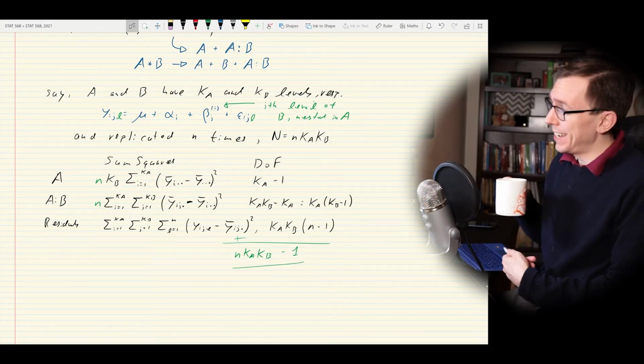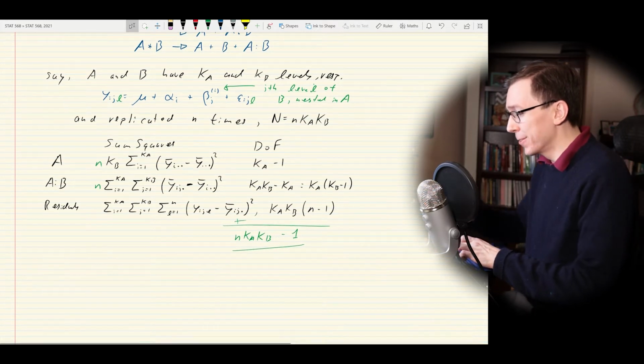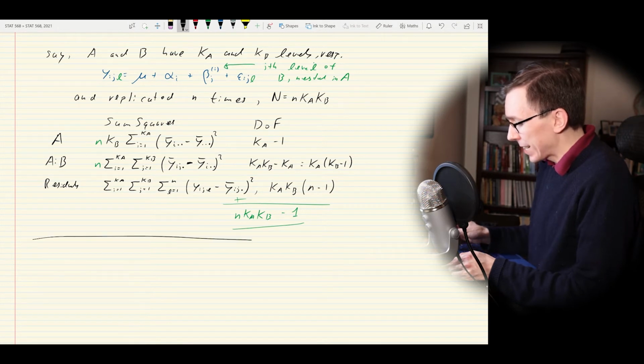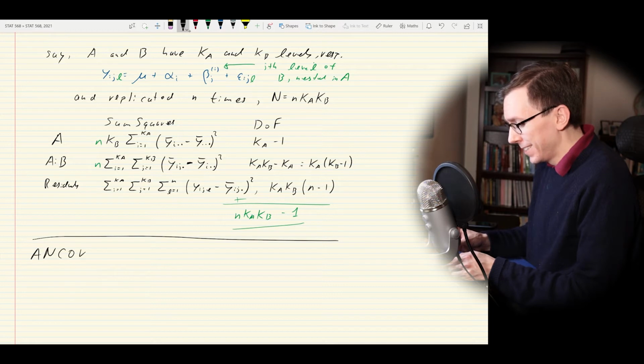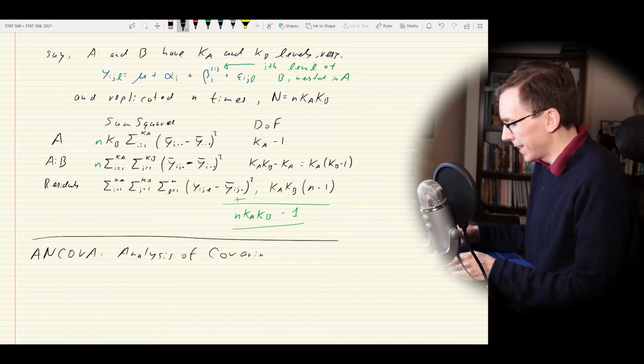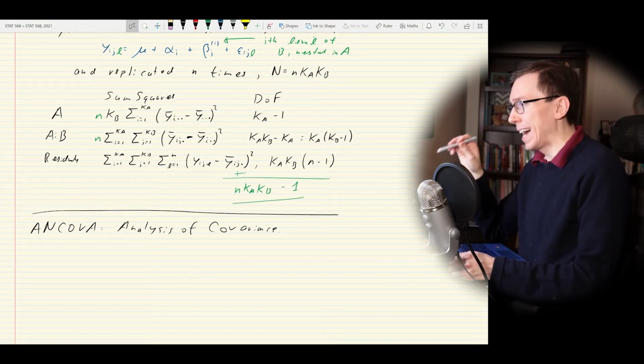And we are back, and now we're going to talk about the analysis of covariance, or ANCOVA, as it's often referred to. So the next section in these notes is going to be ANCOVA, which is the analysis of covariance. I guess it is covariance, but I feel like it should be analysis of covariates, because ultimately what ANCOVA is going to do is it's going to be analysis of variance.